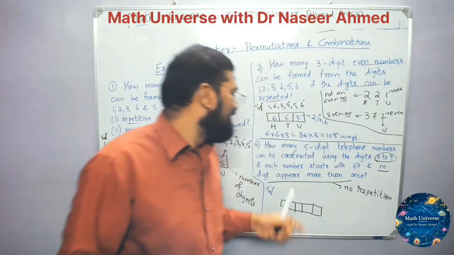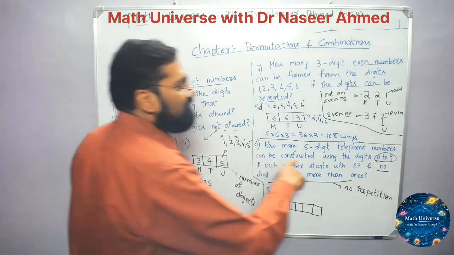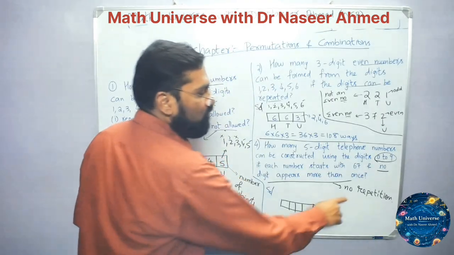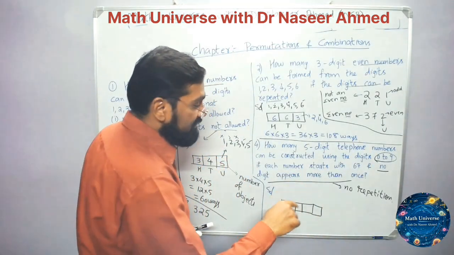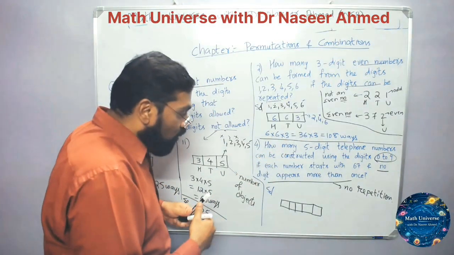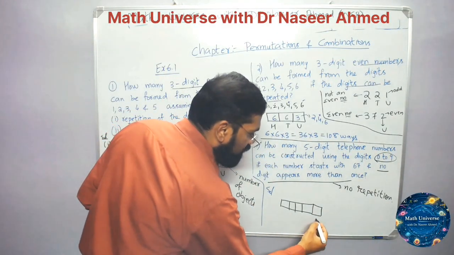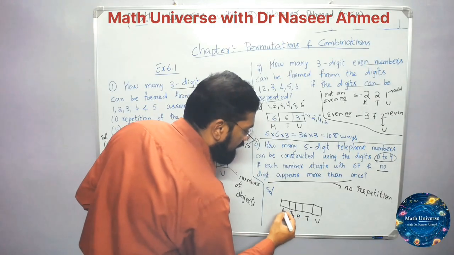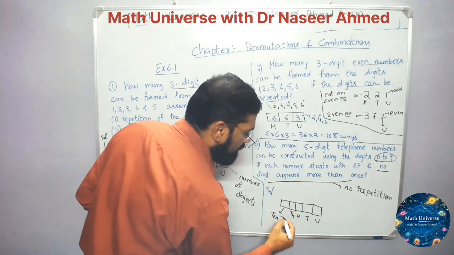Now come here. How many 5-digit numbers can be formed from 0 to 9, with no repetition? But here they give one condition: each number starts with 6, 7. So see this: unit, 10, 100, 1000, and here it is 10,000.